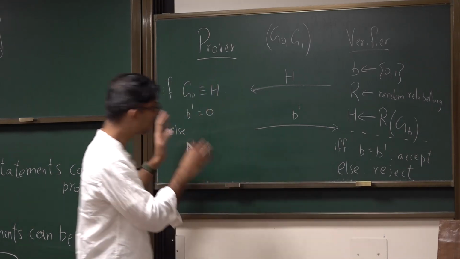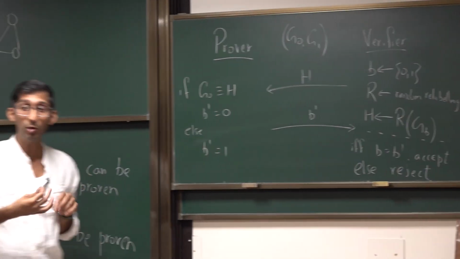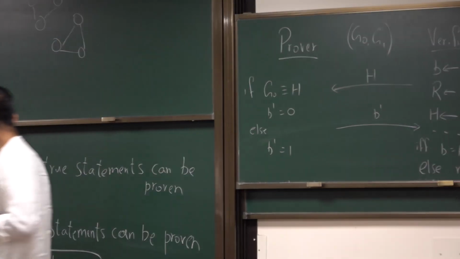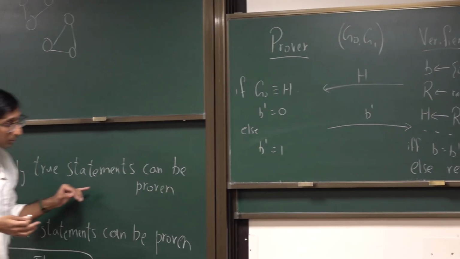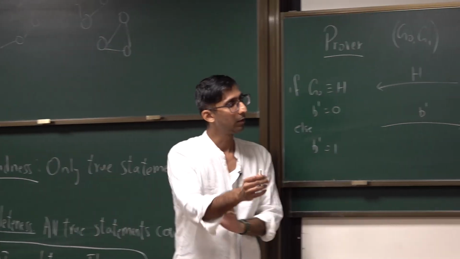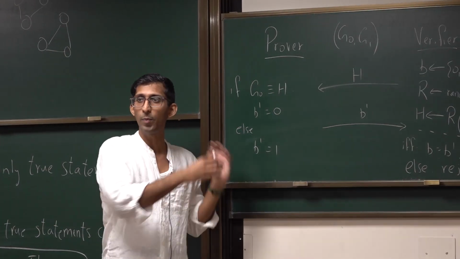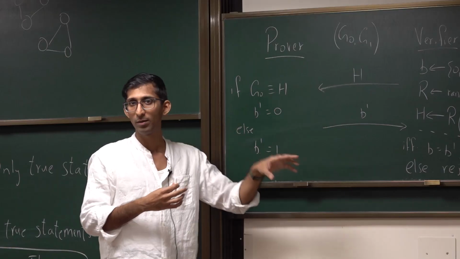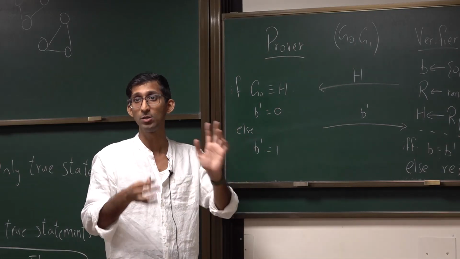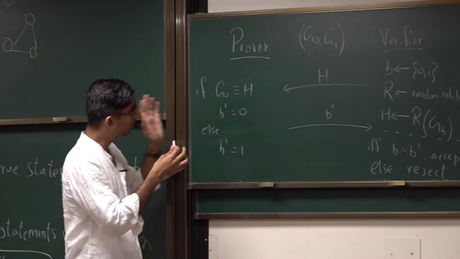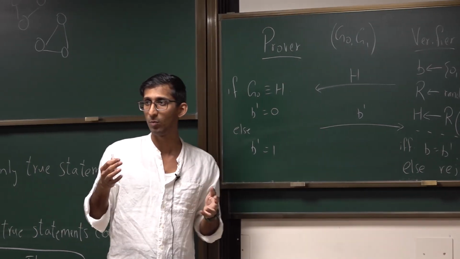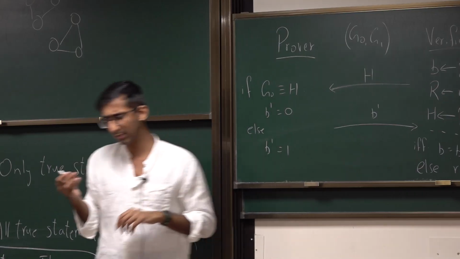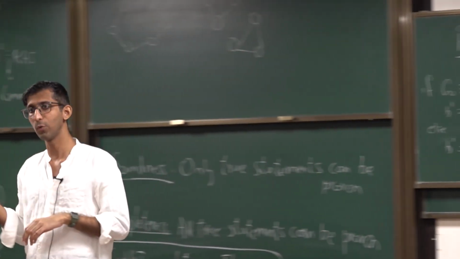But that is this specific algorithm. Remember, the proof of soundness says that only true statements can be proven. In this context, it's not sufficient to say that this particular prover algorithm cannot prove this statement, or that this particular prover protocol will not make the verifier accept with probability 1. What we would like to say instead is that it doesn't matter what the prover tries to do.